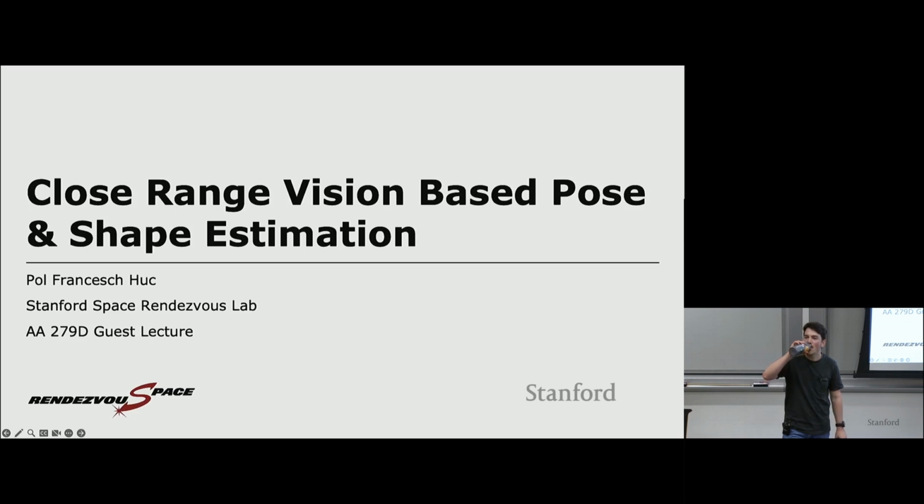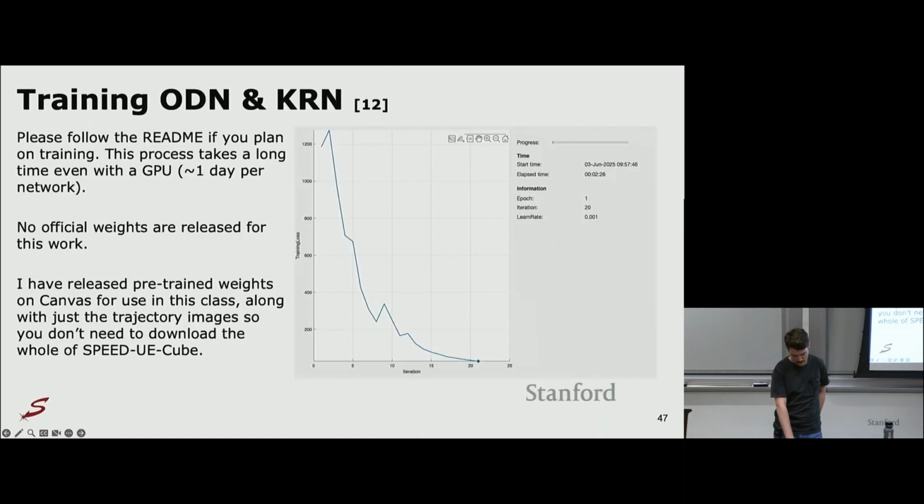For lack of a better term, what's the resolution that the neural net outputs on the satellite shape model? Like, what's the smallest feature you've been able to detect? I'll let you answer that question, Emily. We haven't quantified the smallest feature, but just to give some background, these are shape primitives that have a limited number of parameters representing them, and then you convert it to a mesh representation with PyTorch3D.